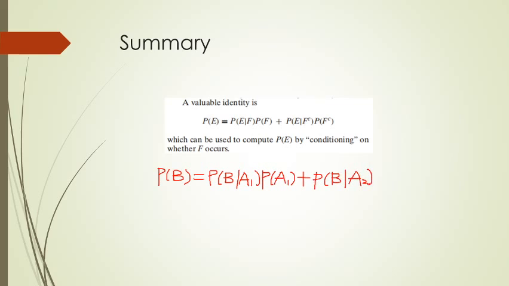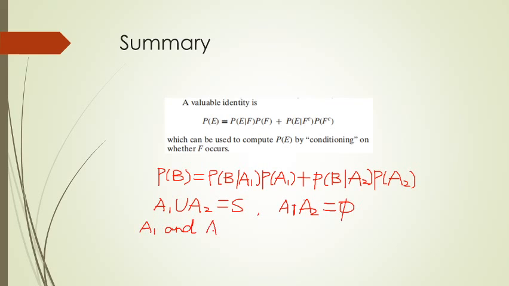What is the relation for A1 and A2? A1 and A2 are called a partition, okay? Partition means the union of those two gives the sample space, and the intersection of those two is the null event. So A1 and A2 are partitions for the former partition.